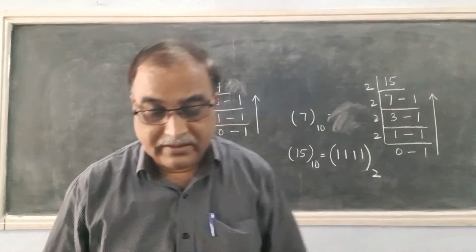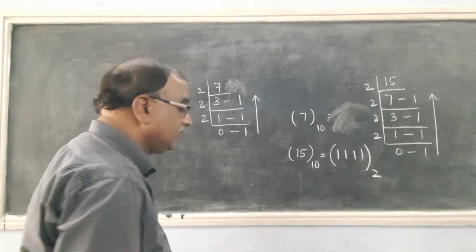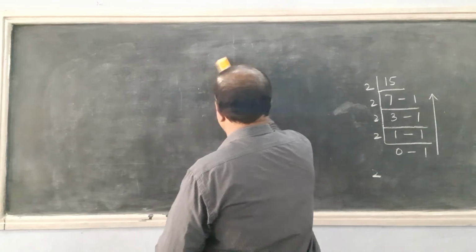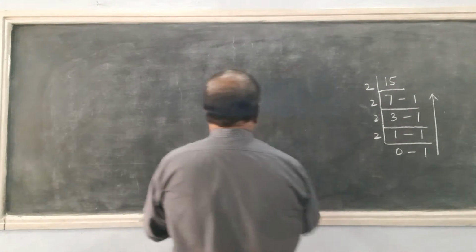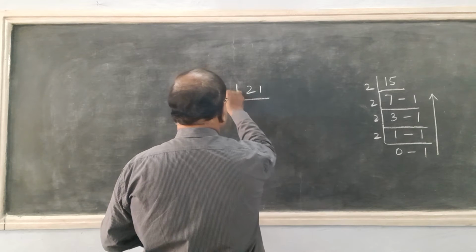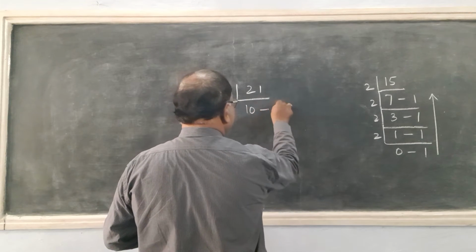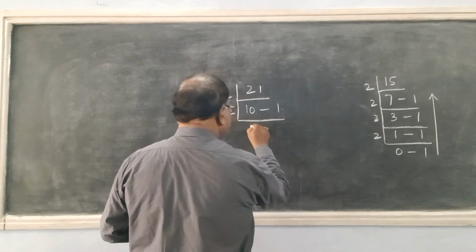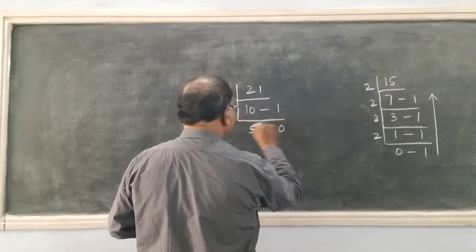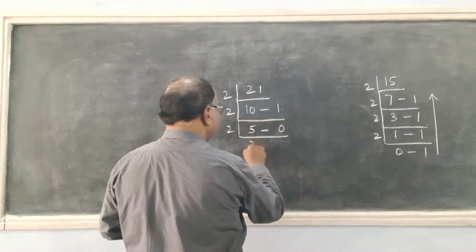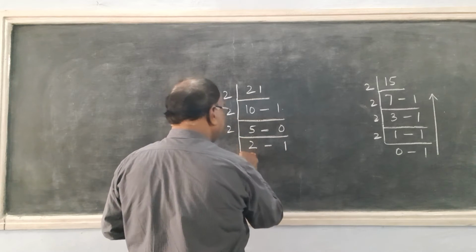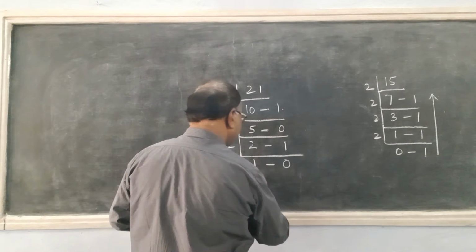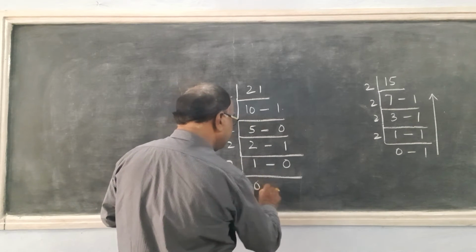So let me consider one more example, say 21. Go on dividing it by 2, so 10, remainder is 1, so again divided by 2, quotient is 5, remainder is 0, 2, quotient 2 and remainder is 1, 2, 1, 0, so again divided by 2, 0 and 1.